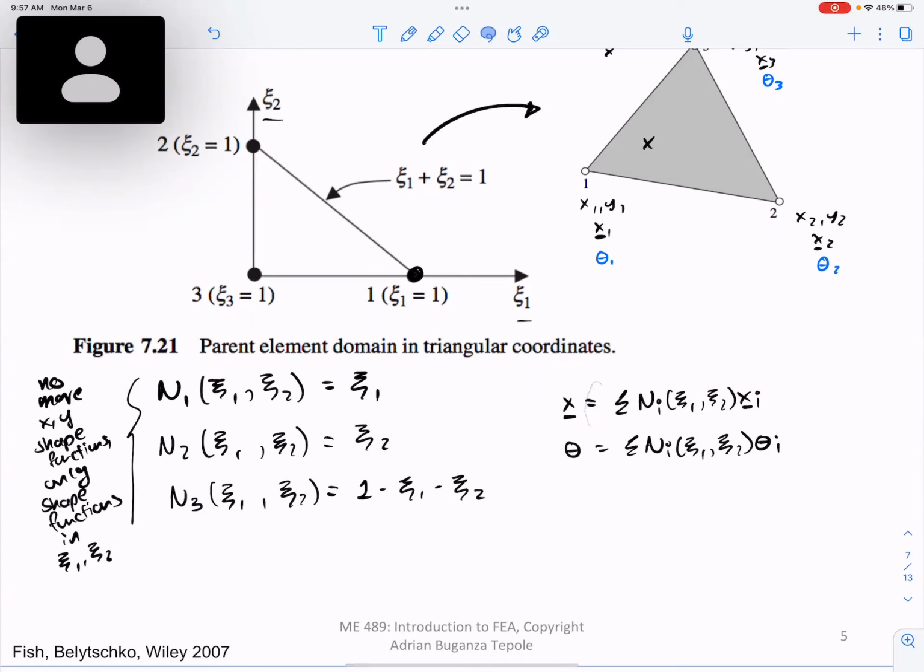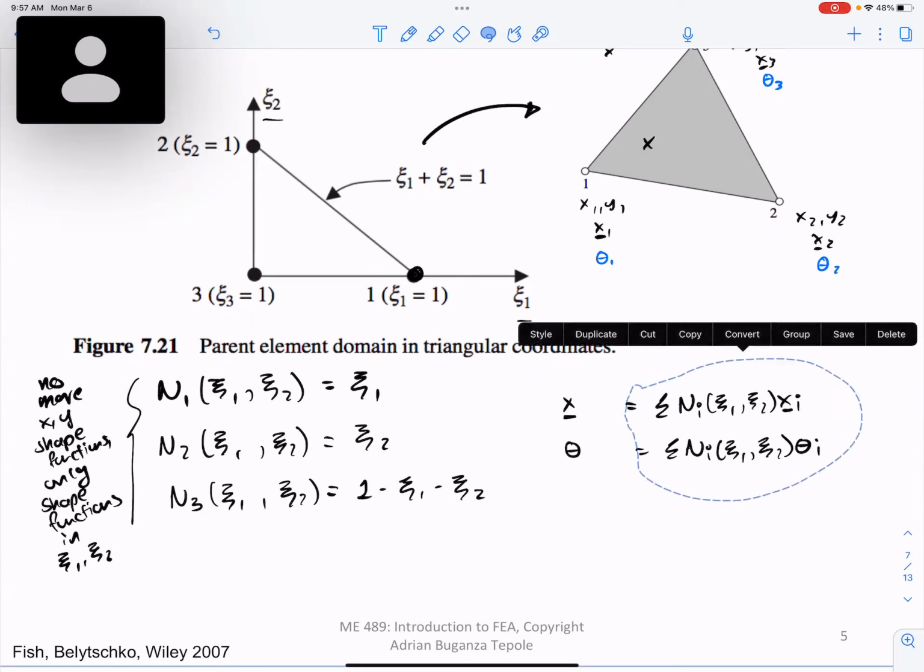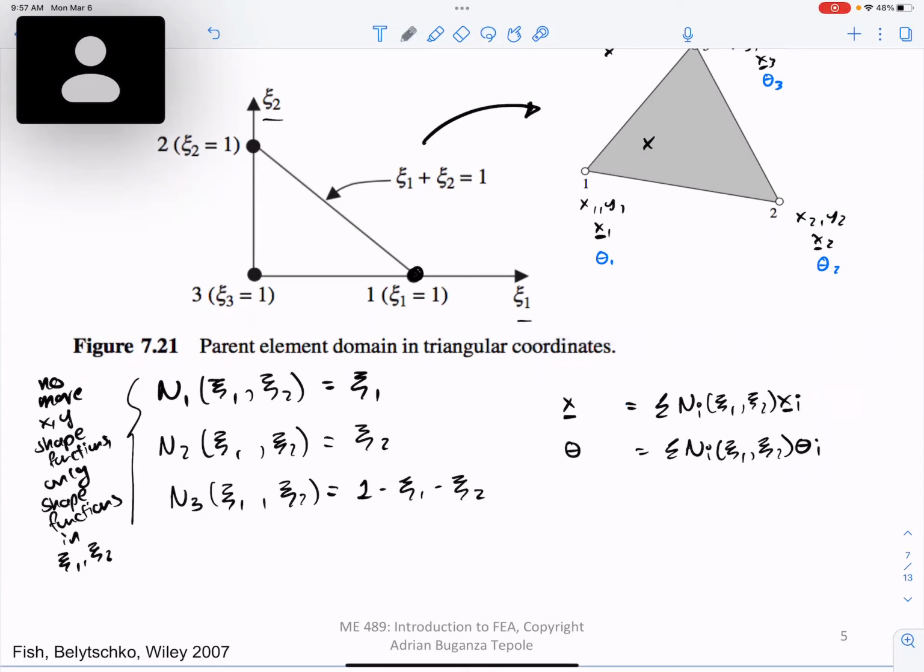Let me put the dependence explicitly. x is explicitly a function of psi1 and psi2. Theta is explicitly a function of psi1 and psi2. So to plot theta as a function of x, I cannot do that explicitly.